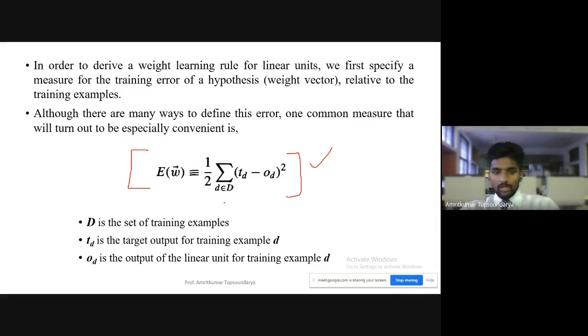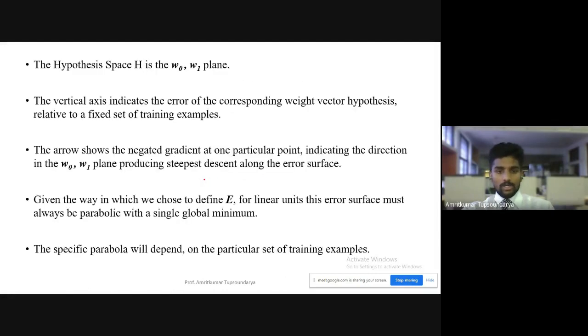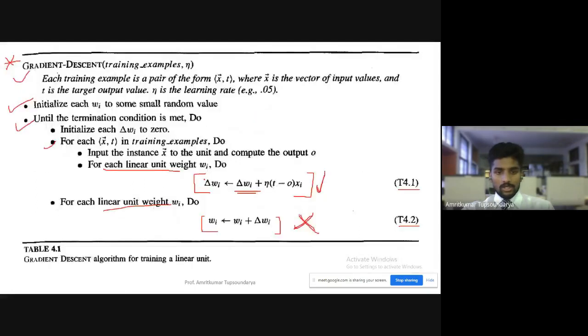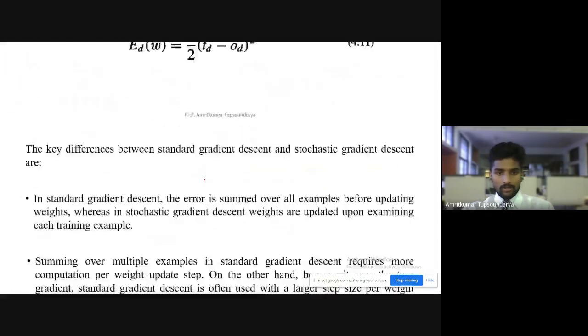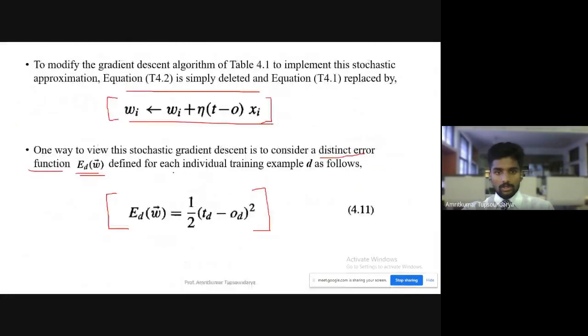Every training example is summed together to compute the error, so it's the overall error of all the training examples that we have. But in stochastic gradient descent, we consider each example individually. Let me show you that again. Yeah. So we define for each individual training example d this formula. What we are doing here is computing the error every time with respect to every training example, right?